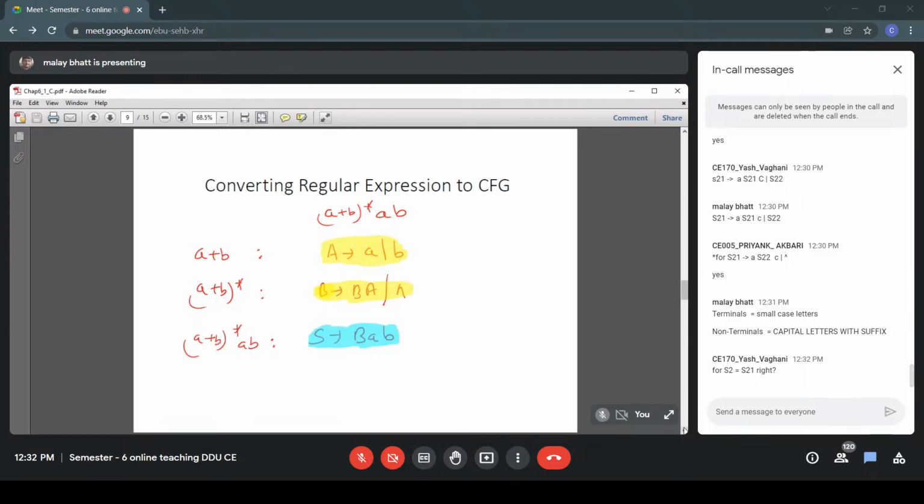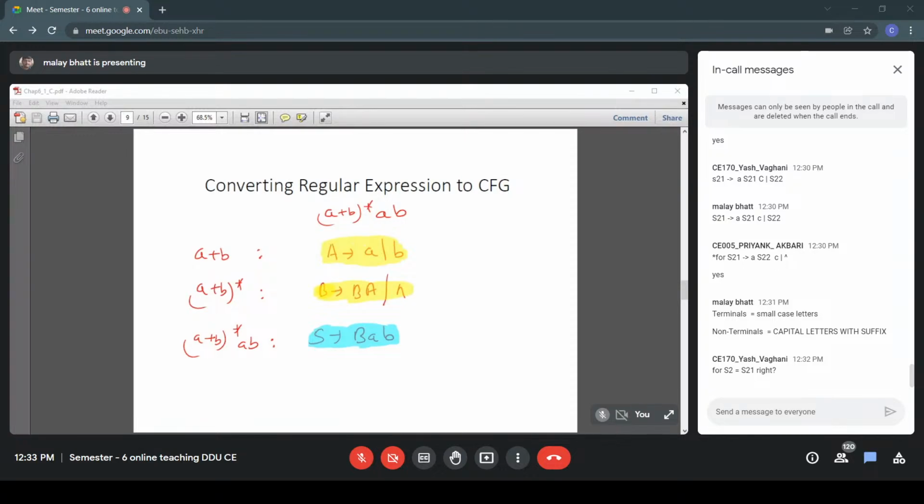We can do comparisons, while it is not possible in a regular language, because we don't have any kind of memory. In the case of context-free grammar, we use a push-down automaton, and for that we have memory as a stack. So for every regular expression, we can write its equivalent context-free grammar.